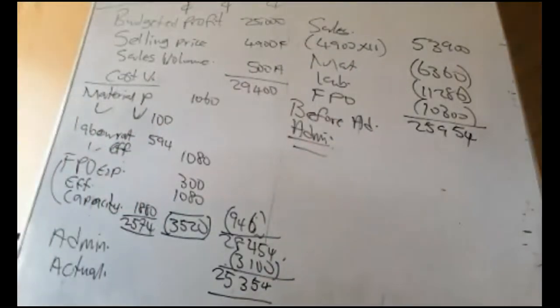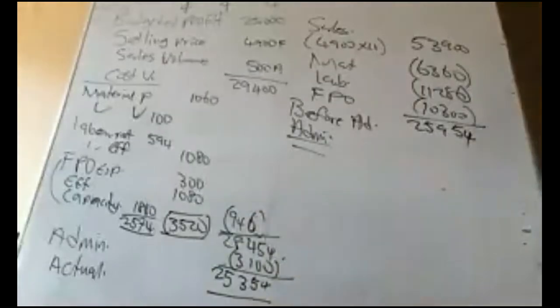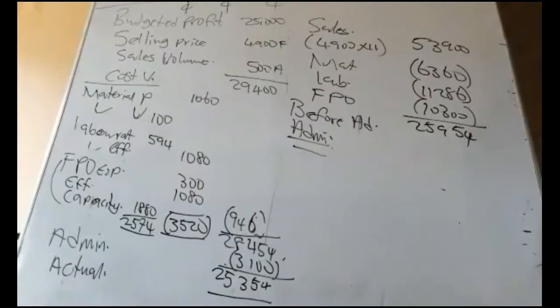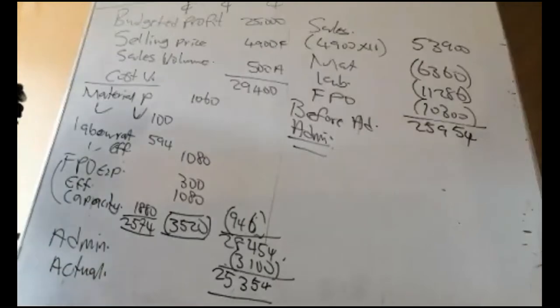The actual administrative cost is what? Will I get 10,300? We use the 10,300, so 25,954. The actual admin, what's the figure for the actual admin?